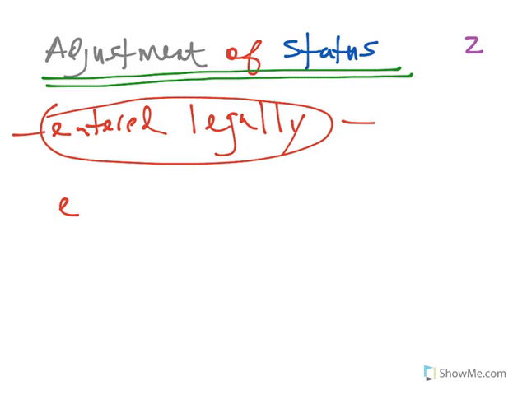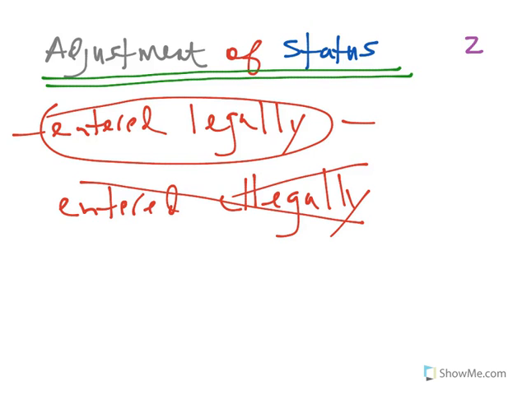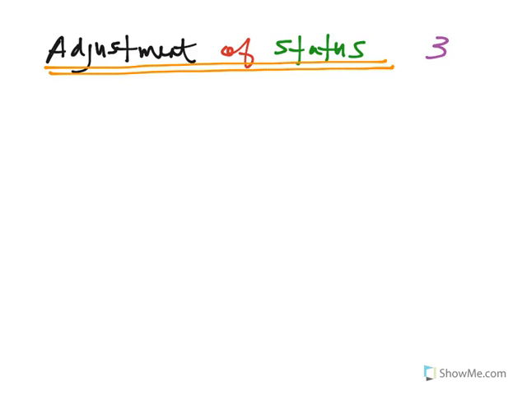Because people that entered illegally or without inspection are not able to proceed with the adjustment of status process, because it's important for us to be able to document the legal entry. So once there is a marriage inside the U.S., and we determine that the foreign national entered legally, then we are able to proceed with the adjustment of status process.